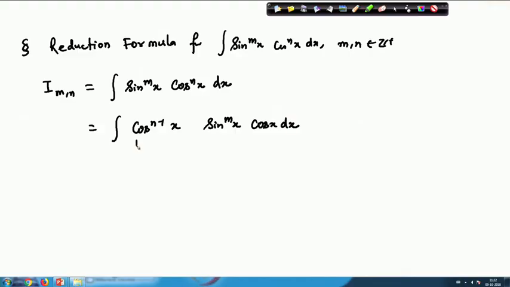Then I choose this function as u and this entire function as v, and based on this I can apply integration by parts.